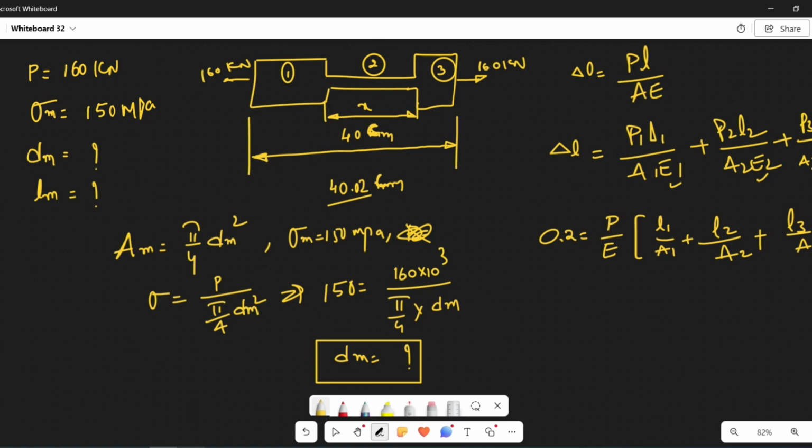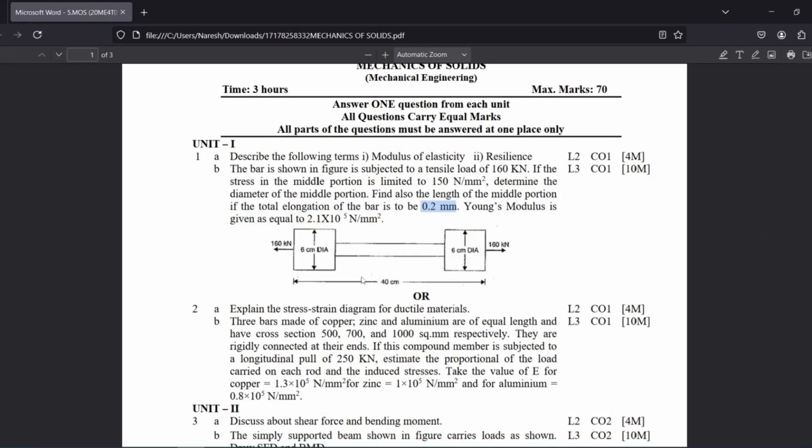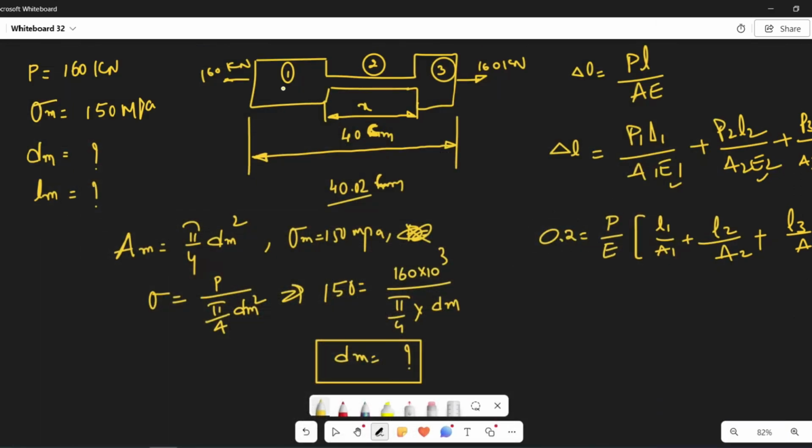These two end portions are symmetrical, so you can write it as 40 minus x divided by the area.